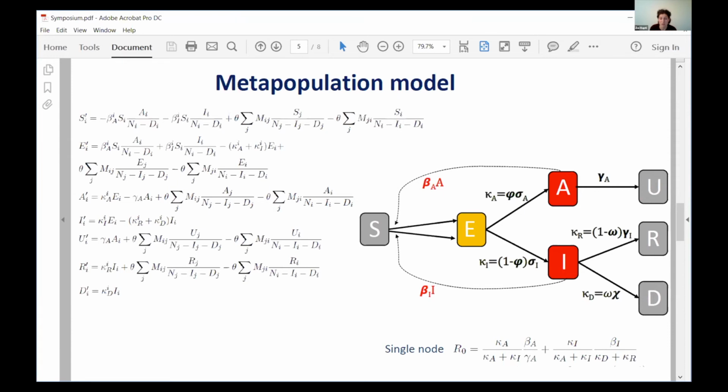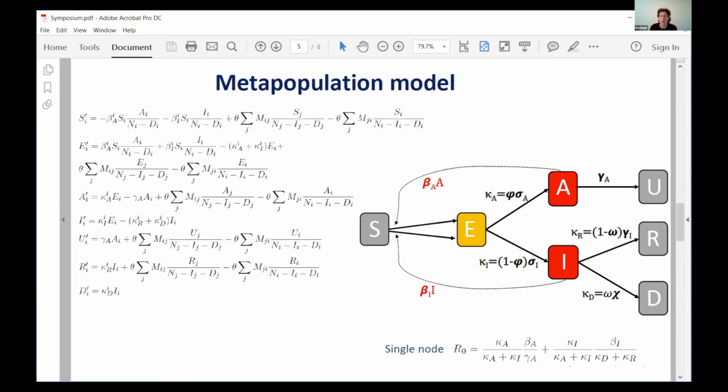There's a contribution from the asymptomatically infectious and one from the symptomatically infectious. This kappa alpha over kappa A plus kappa I, these are the fraction, if you like, of the asymptomatically infectious, and kappa I over kappa A plus kappa I is the fraction of the symptomatically infectious.